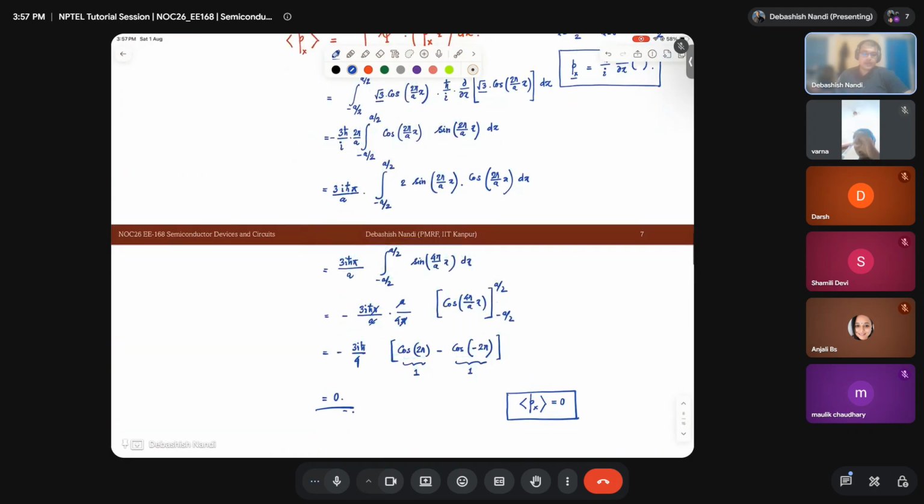Now, can you interpret this result? What does average value of the momentum 0 mean? Is it classically possible?